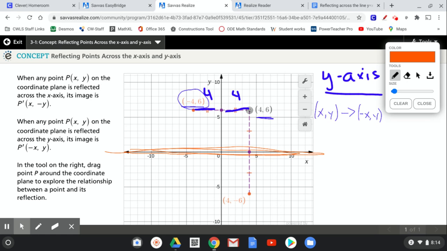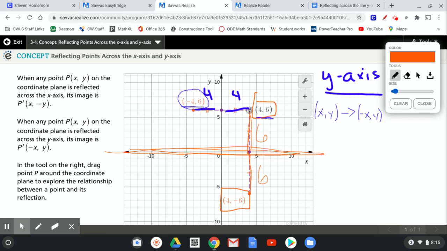We can do the same exact thing that we did before. We could count down and see that we're 6 units away, so we count another 6 units past the x-axis. Looking at the coordinates, again we start with 4, 6, and we end up with 4, negative 6.